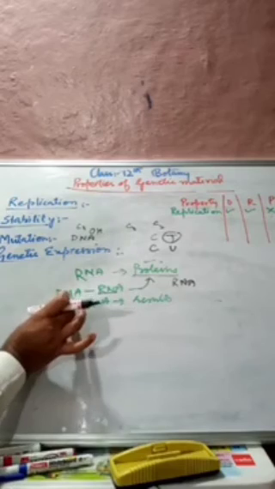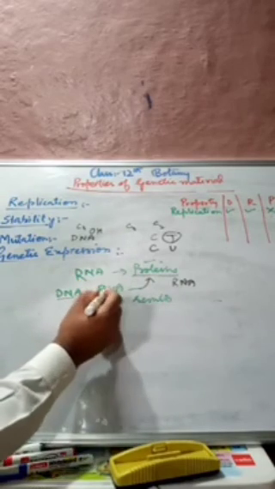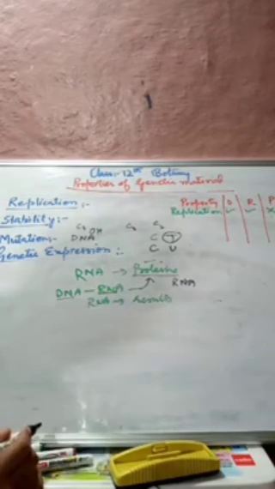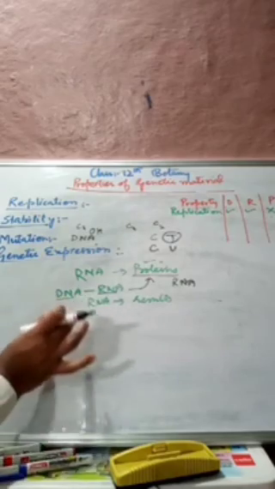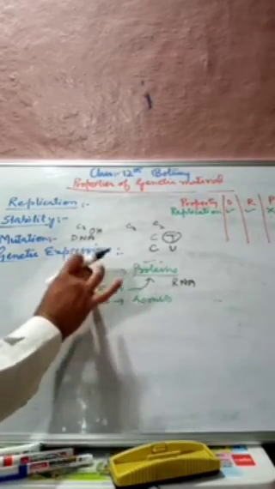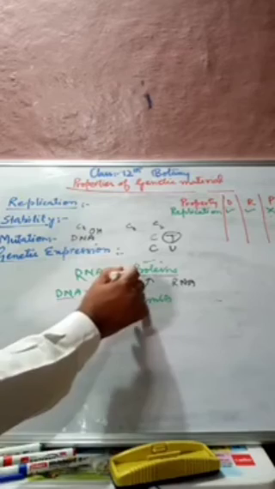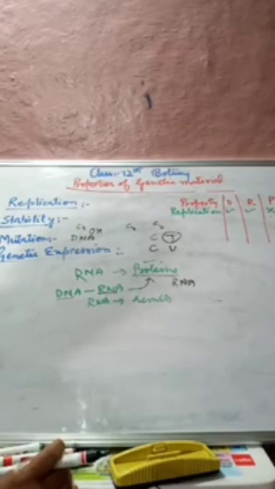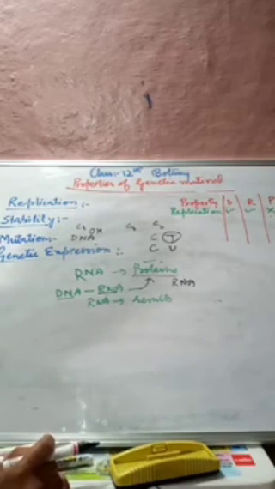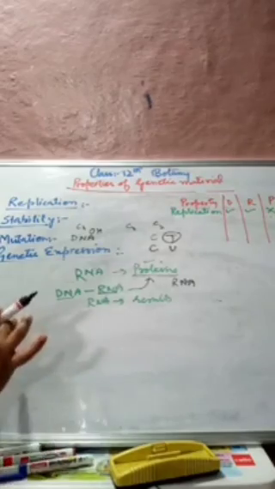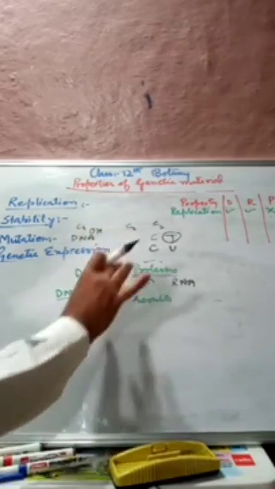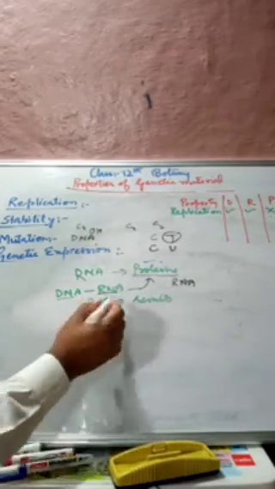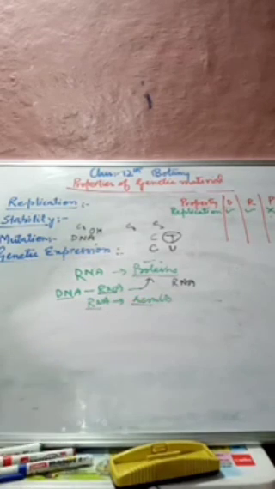So DNA being more stable than RNA is considered better than RNA for the storage of genetic information. However, for transmission of genetic characters, RNA gives better results.